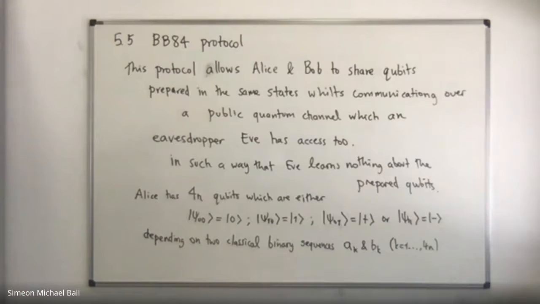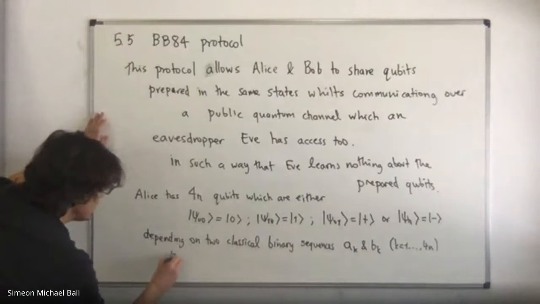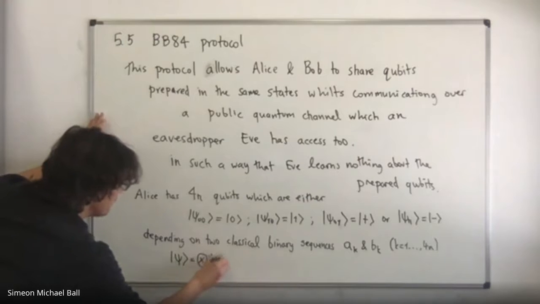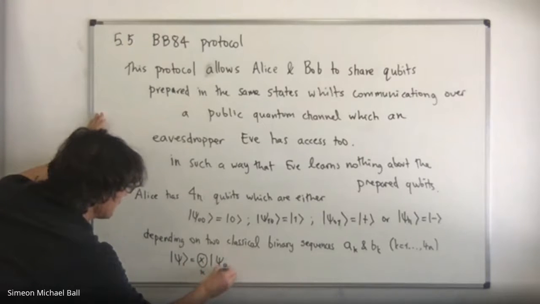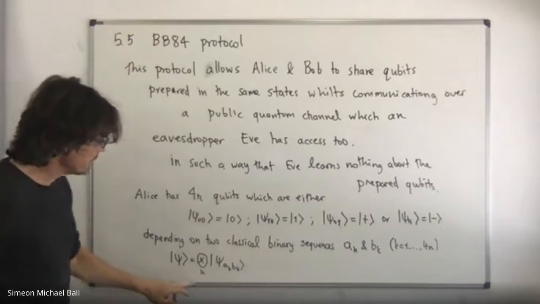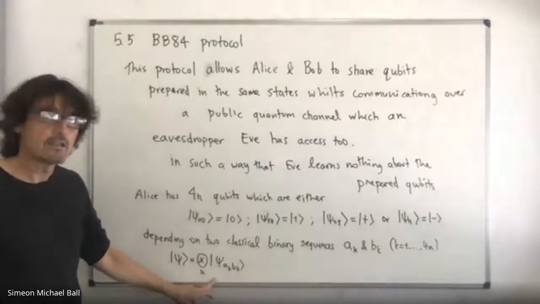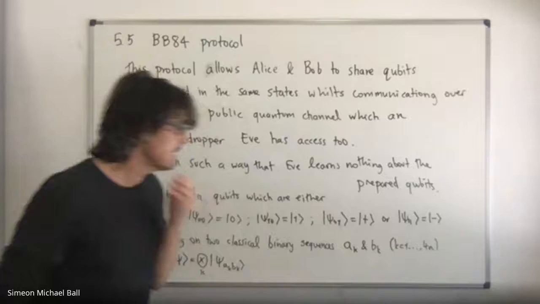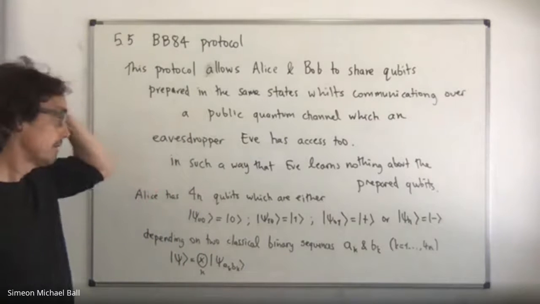Okay, so we've got 4n bits. And she encodes, so this is going to be phi, the tensor over k of psi a_k b_k. So she puts her qubits together by looking at what the entries are in a_k and b_k.